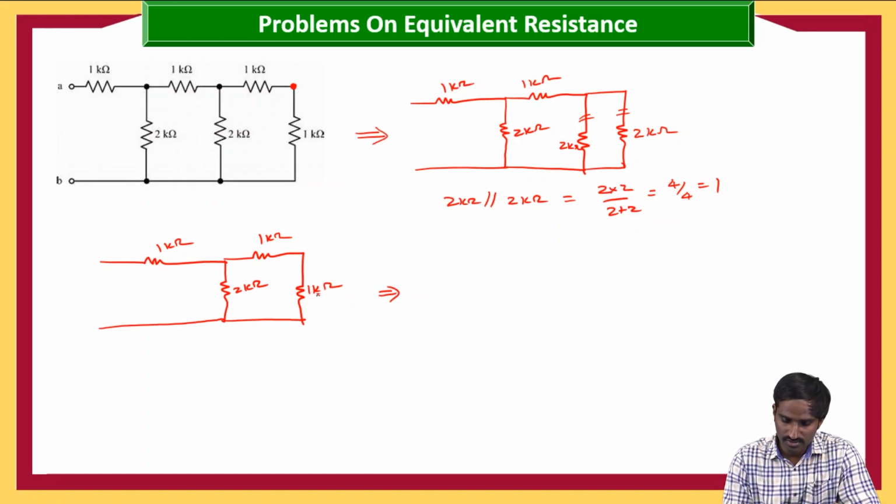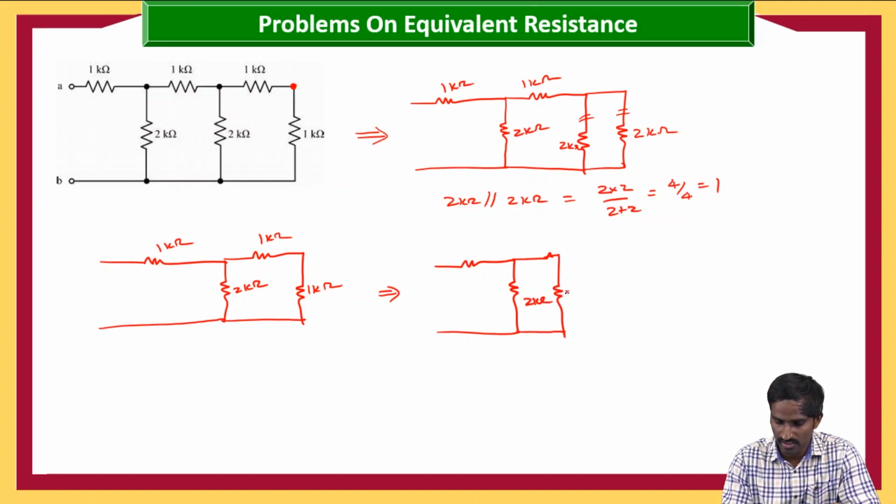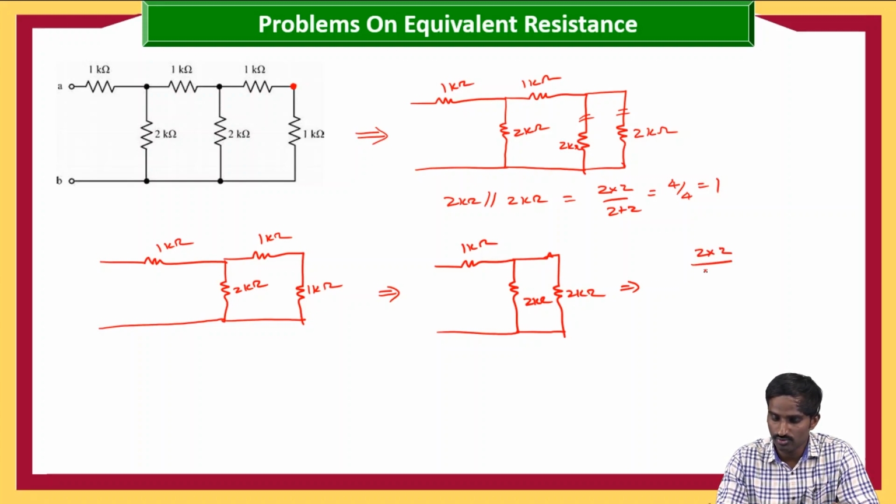Then again here these 1 and 1 are in series. Then again the equivalent circuit will be like this. So here it is 2 kilo ohm, and here 2 kilo ohm, and here 1 kilo ohm. Then again these 2 and 2 are in parallel. Okay. Then 2 into 2 by 2 plus 2, which is again 1 kilo ohm.